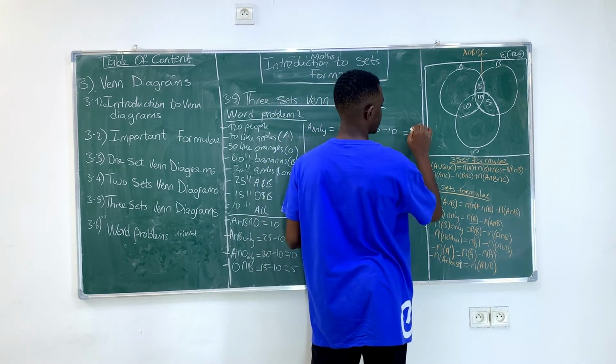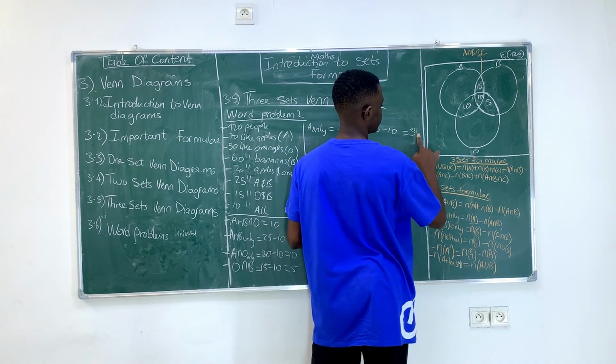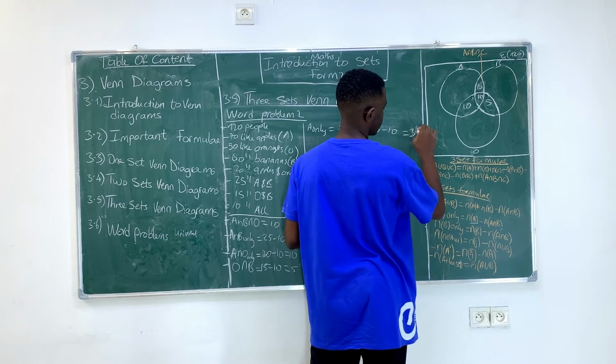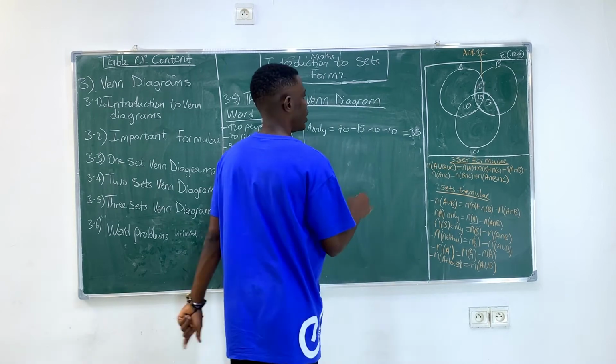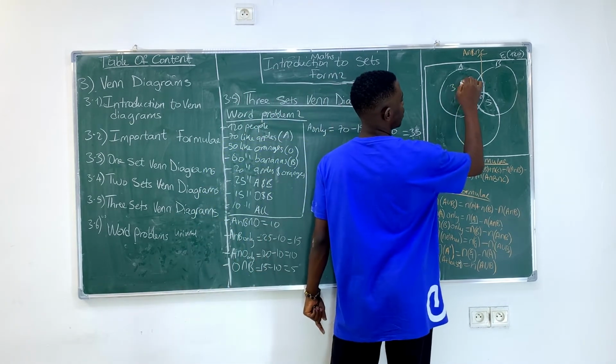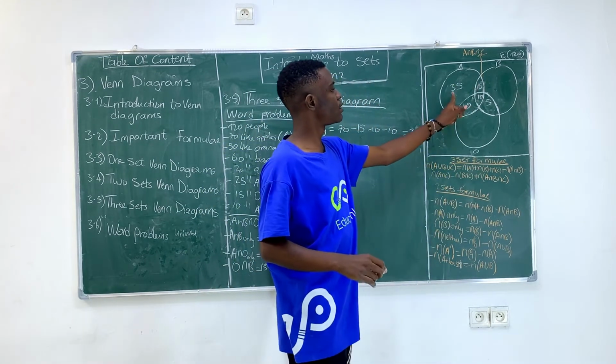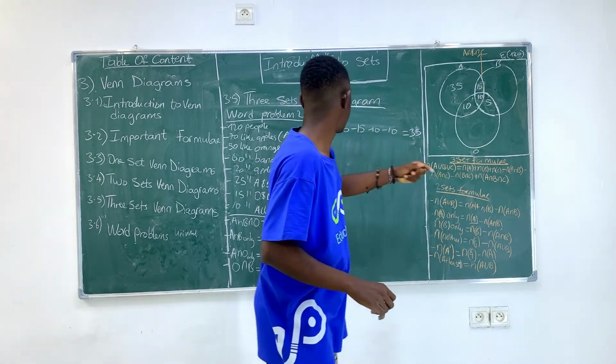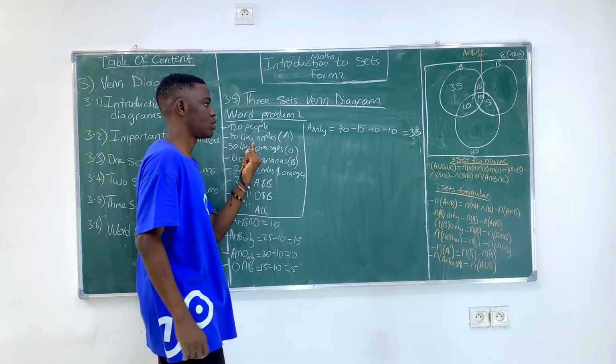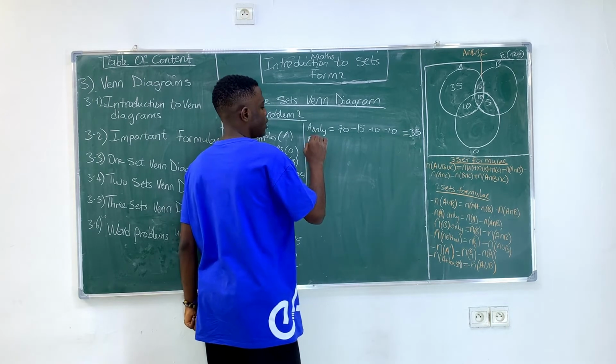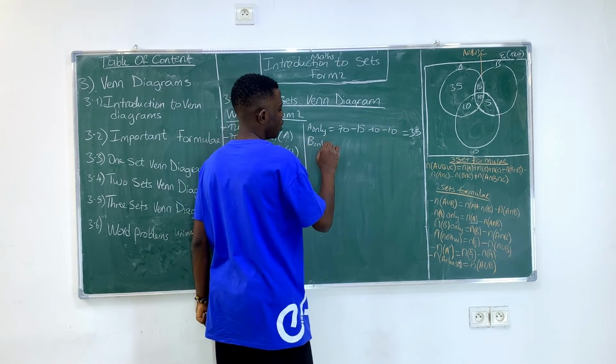Okay, that's 50 minus 35. That's for A only, and I put my 35 here. You see, if you add this plus this plus this, I'm going to come back to the 70 that I copied. So we are at bananas only.